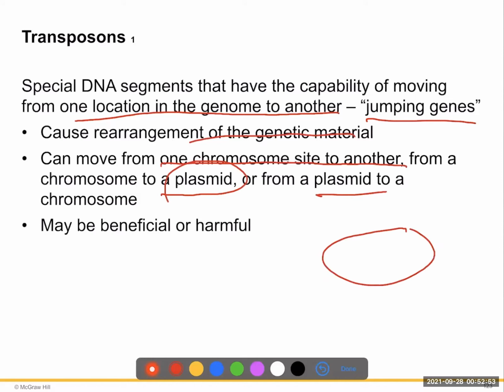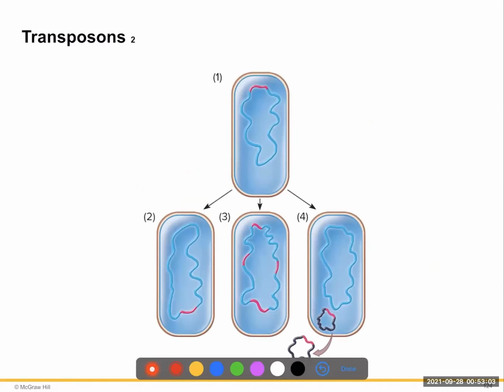It could be beneficial, produced in the environment, or it could be harmful to the organism. This section of gene can move to a different section. It can duplicate to multiple parts, or it can duplicate itself to a plasmid and then leave the cell and transfer to something else.